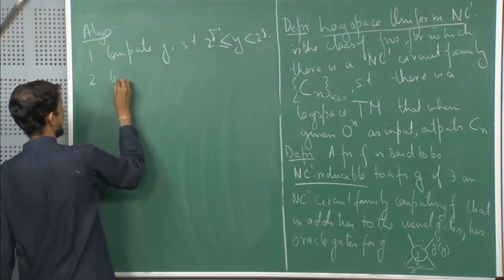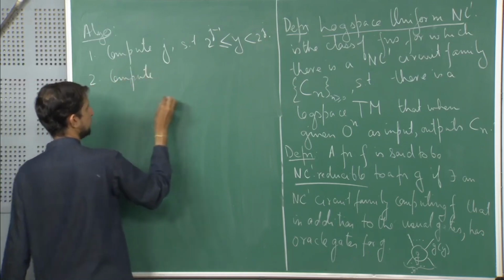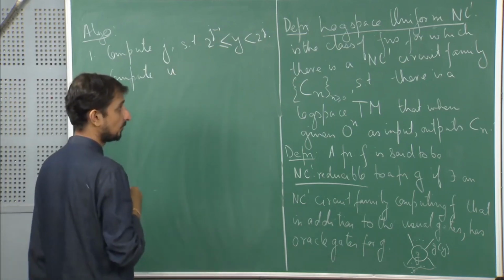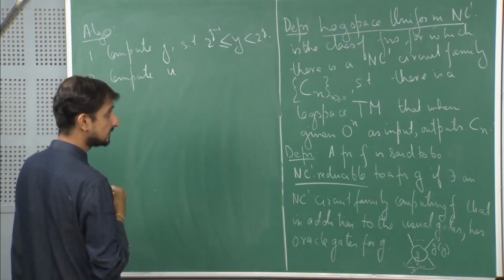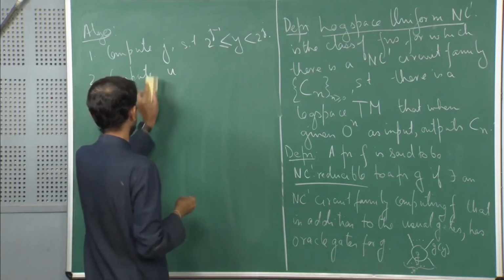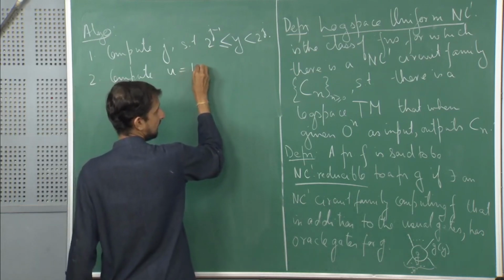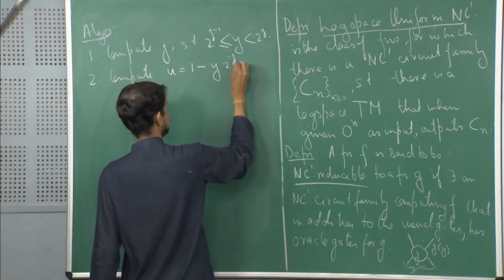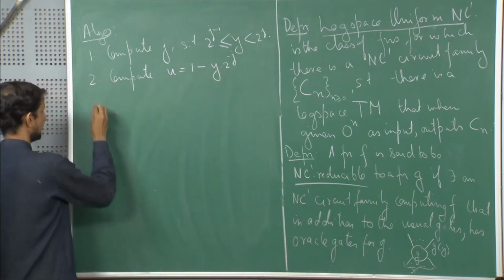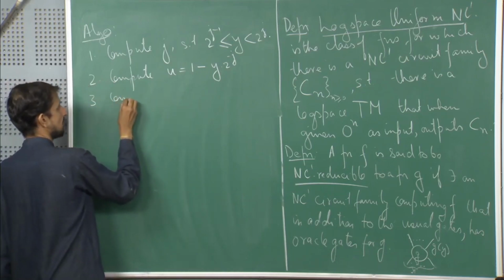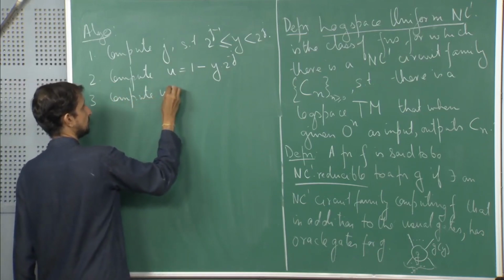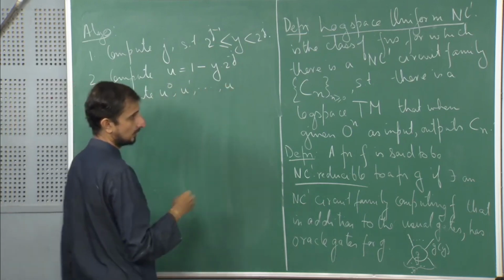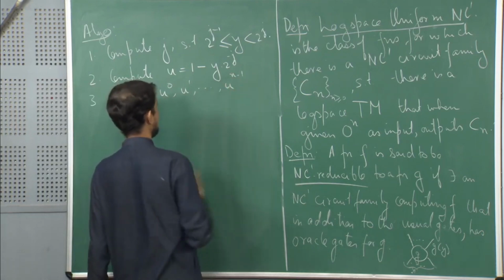Next step is to compute u. How do I get u? So u is equal to 1 minus y into 2 to the power minus j. We have y, we have j, so we can compute u. Third step is to compute u to the power 0, u to the power 1, up to u to the power n minus 1.